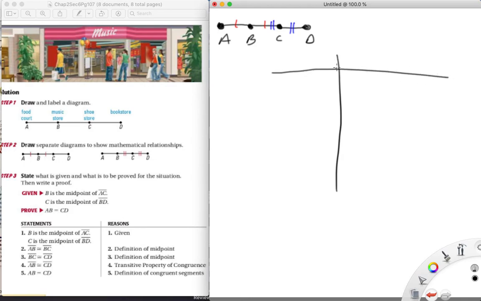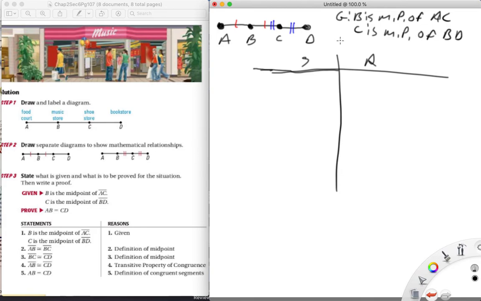So what are we given? We're given that B is the midpoint of AC, and we're given that C is the midpoint of BD.